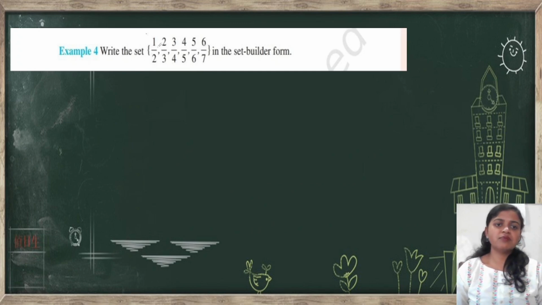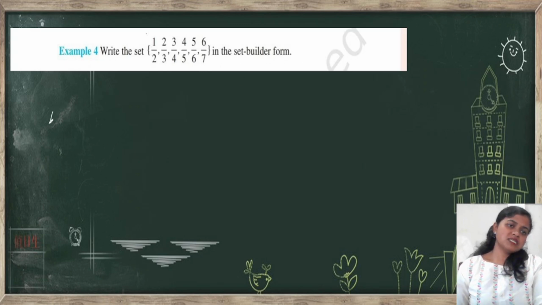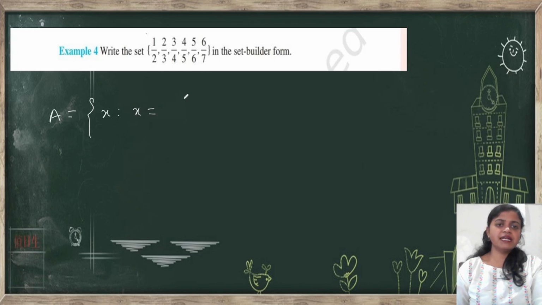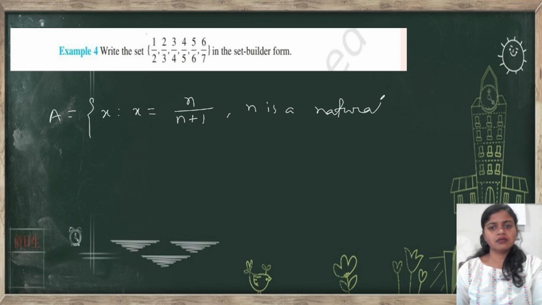For example, the next example: write the set 1 by 2, 2 by 3, 3 by 4, 4 by 5 in set builder form. So A will be a set such that x is the element and x equals n by n plus 1, where n is a natural number.